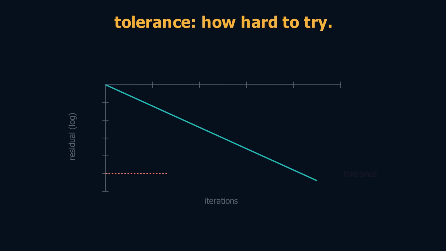When the residual drops below it, the solver says good enough and stops. Ask for 1 times 10 to the power of -6 and you get a tight, accurate solve, but it costs iterations. RelTol lets it stop earlier each step by only reducing the residual by a factor, which speeds up the intermediate iterations in a transient run. Loose tolerance is fast but sloppy, tight is accurate but slow.